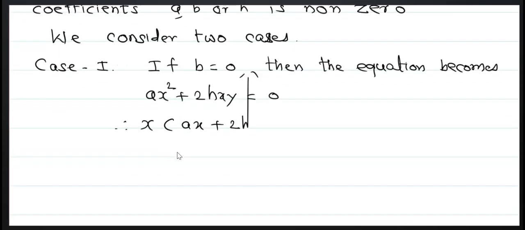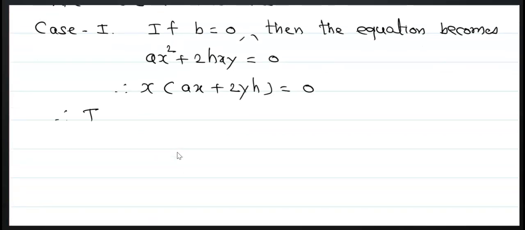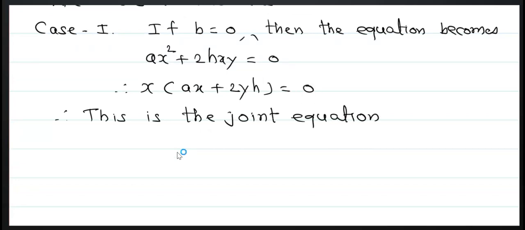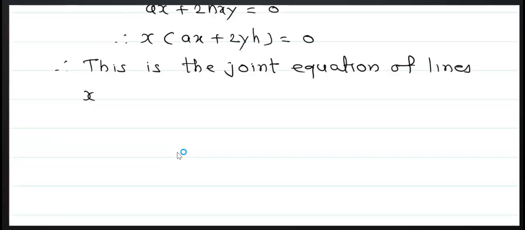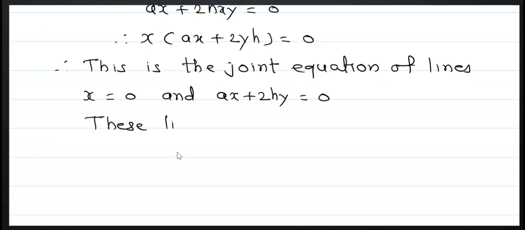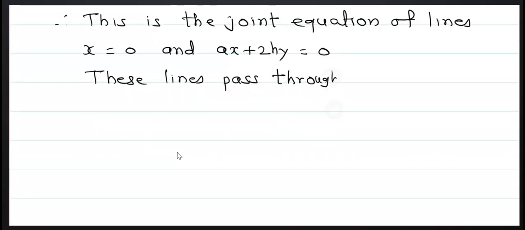Take x as common, then you will get x times (ax plus 2hy) is equal to 0. This is the joint equation of a pair of two straight lines passing through the origin, that is x is equal to 0 and ax plus 2hy is equal to 0. These lines pass through the origin.